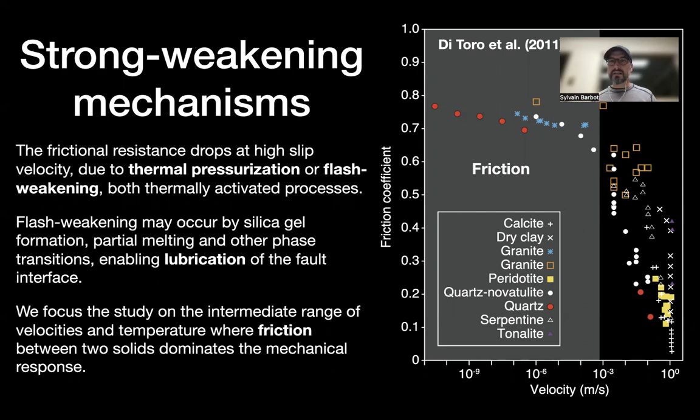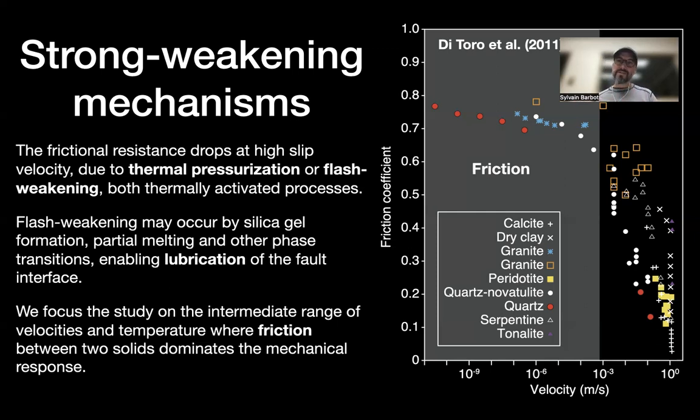These are partial or full melting, thermal pressurization of existing fluids, or the pressurization of fluids by thermal decomposition of minerals, for example, carbonates liberating carbon dioxide and pressurizing the contact, the formation of silica gel, and the coating of minerals by nanoparticles that also lubricate the contact.